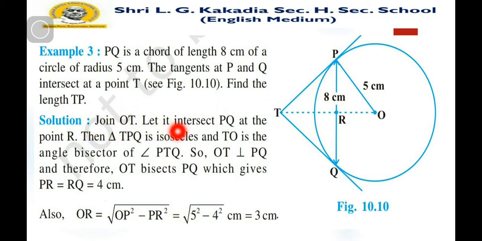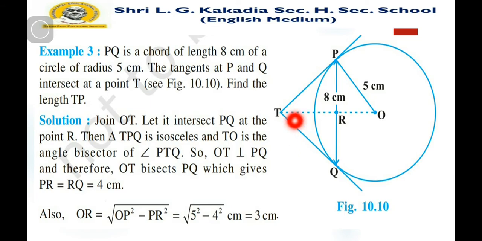Solution: join OT and let it intersect PQ at point R. Then triangle TPQ is isosceles, and TO is the angle bisector of angle PTQ.